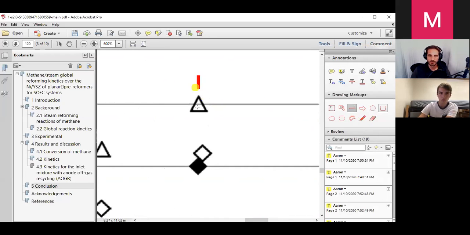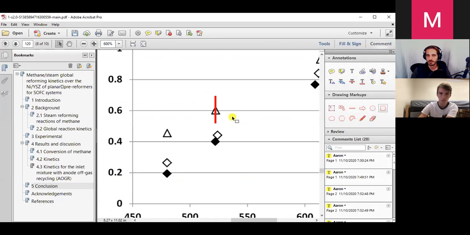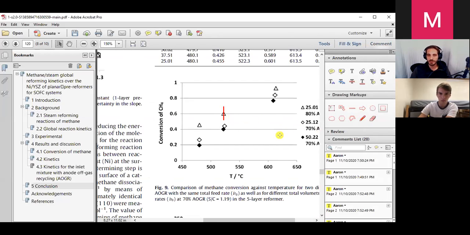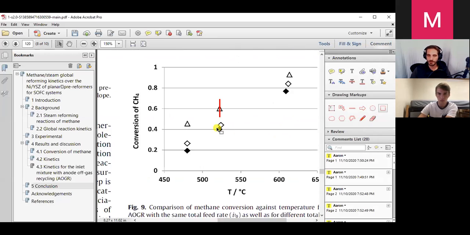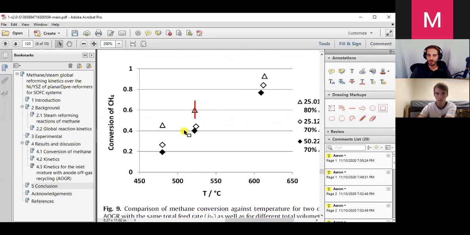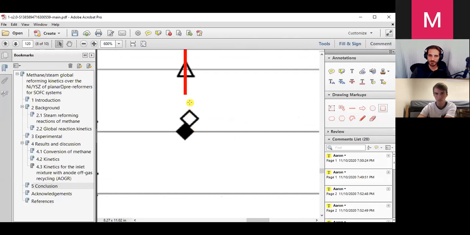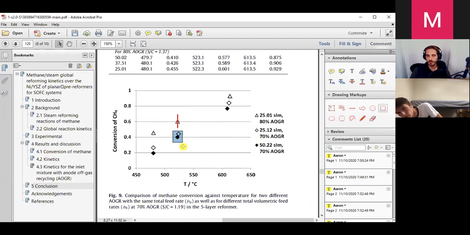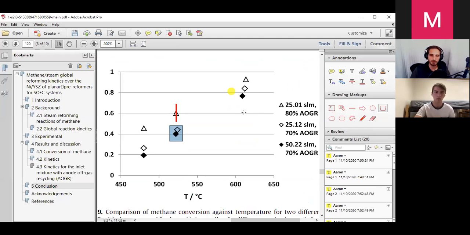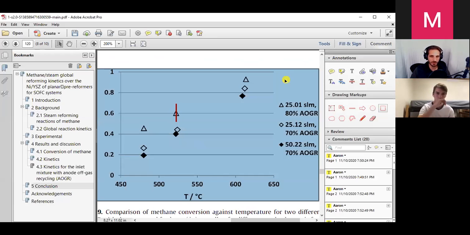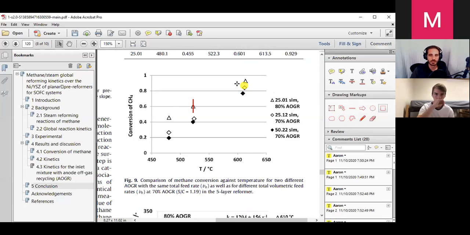Every one of these should have an error bar on it. There is no way in the world to know how close these values are, right? Are these two actually the same value? Because they are really close to each other. How do I know how close they are? The only way to know that is through an error bar. So I'm immediately suspicious of their results because they don't have error bars on them.